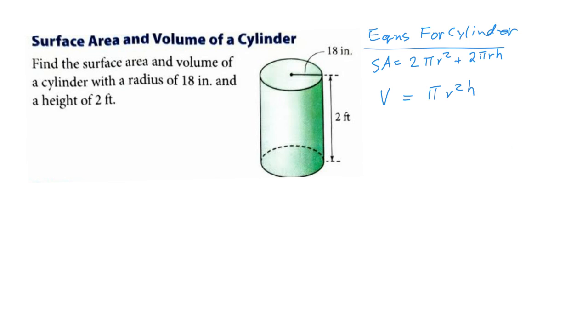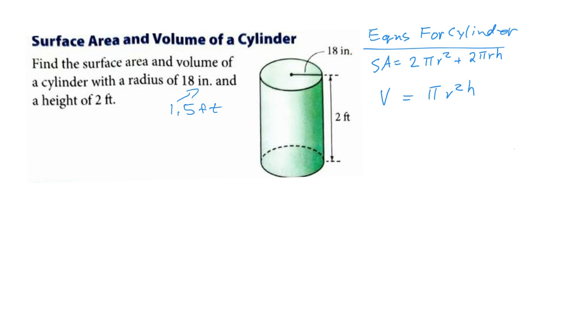So imagine I give you this problem where I ask you to find the surface area and volume of a cylinder with radius 18 inches and height 2 feet. Let's make our lives easy and make sure that all of our units are the same. 18 inches is the same as 1.5 feet.